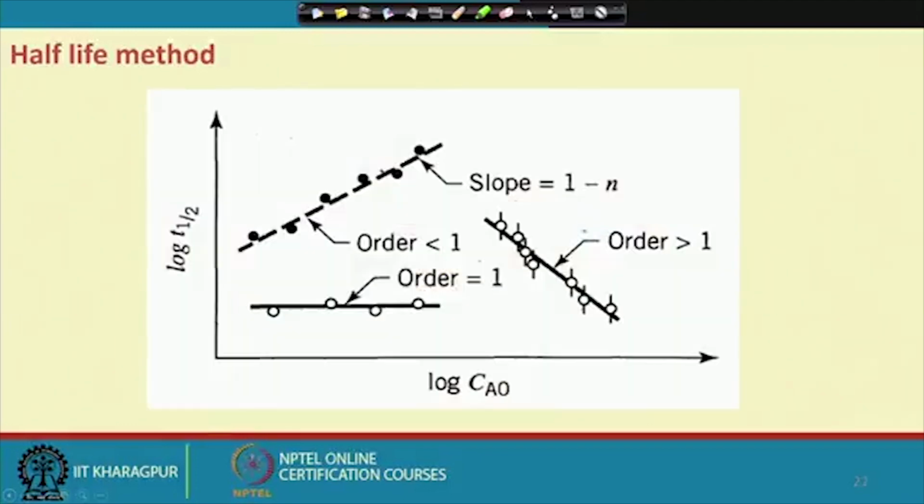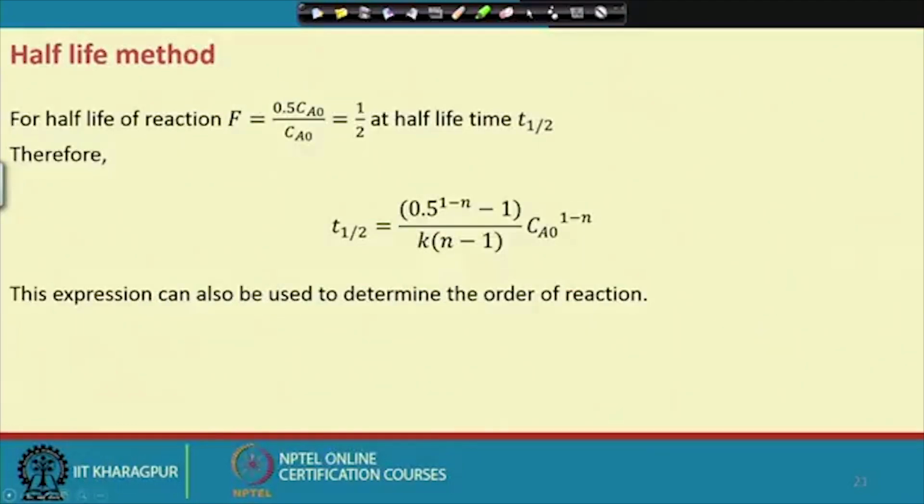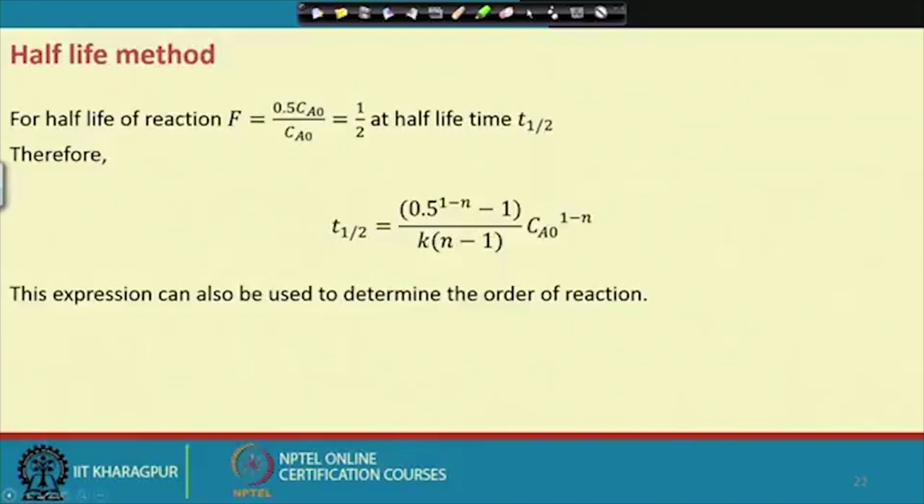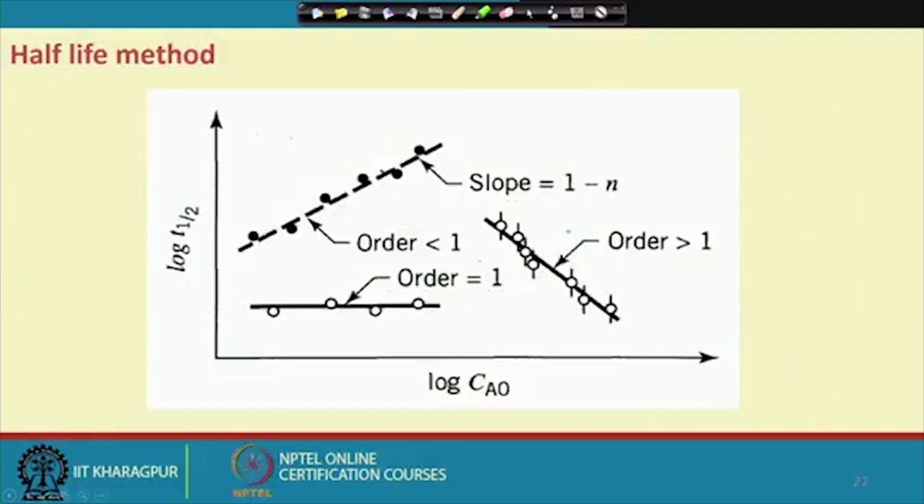N equal to 1, this Ca power will be 0, and if Ca to the power 0 is there, then T half is independent of Ca. Am I right? So here ln Ca0 will be constant like this. Now in case this is more than 1, then it will be negative. More than 1 negative, then it will be inversely proportional with this T half.